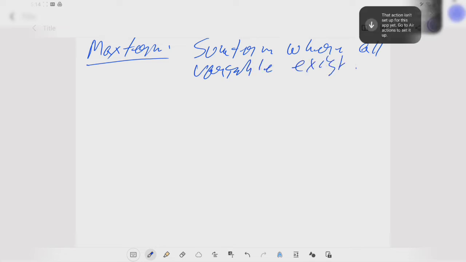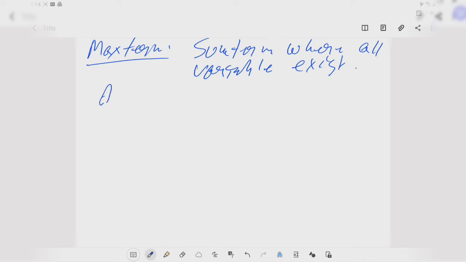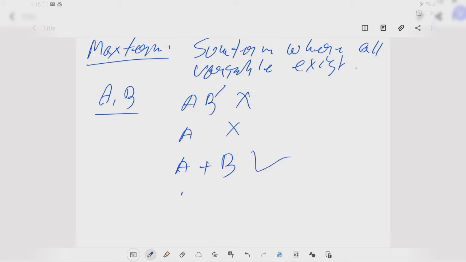So for example, if we have a system of two variables A, B, then A plus B prime is not a max term. A alone is also not a max term, but A plus B is a max term. A prime plus B is a max term.